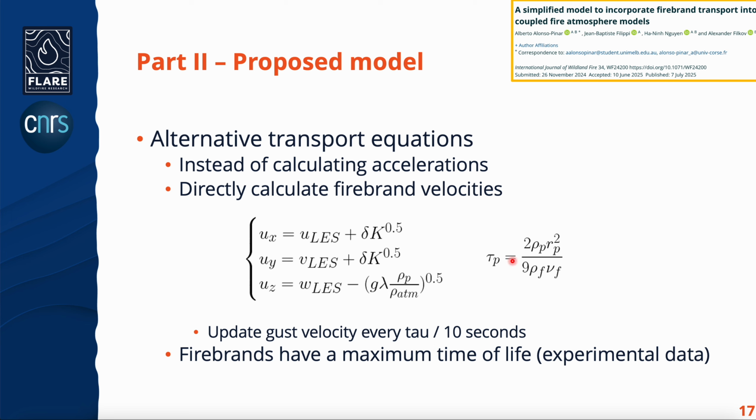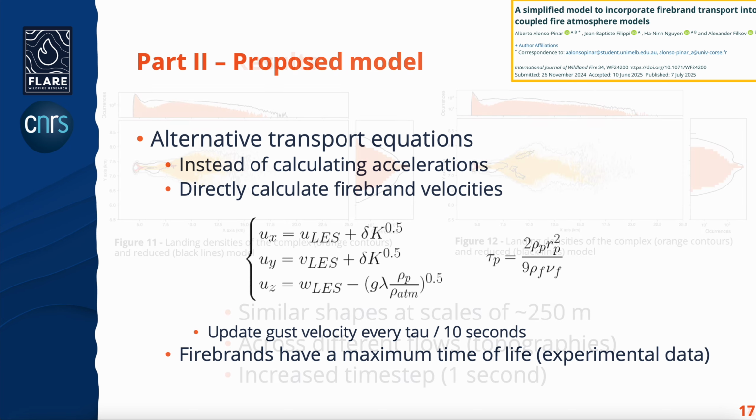And so this tau given here is the characteristic translation time of the firebrand, so an indication of how much time it takes to adapt to the local wind flow conditions. And of course, we simulate the firebrands until they have landed on the ground or until they have exceeded a flight time greater than the maximum time of flight that is provided by experimental data.